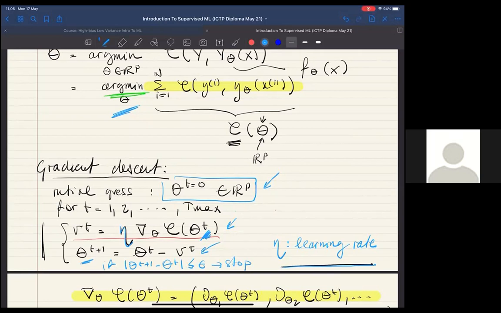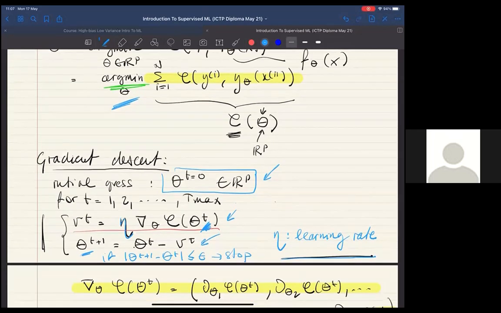The algorithm will be extremely slow, but you are guaranteed, if the learning rate is small enough, to really follow the gradient and converge to at least a local minimum. Which is not guaranteed to be the global one, of course, but if eta is small enough, you will converge to a local minimum.